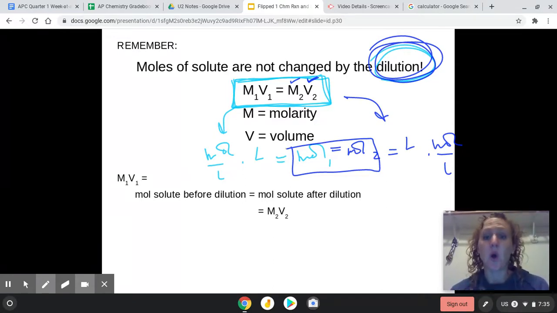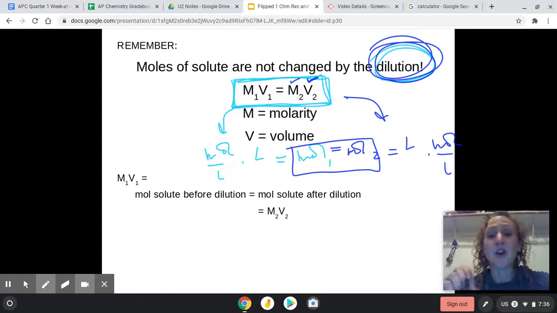It only works for dilution. Say that to yourself: it only works for dilution. So feel free to try M1V1, but I would only try it after you've really hammered out the concept through stoichiometry and you really understand it. Then you can try a couple problems with M1V1.